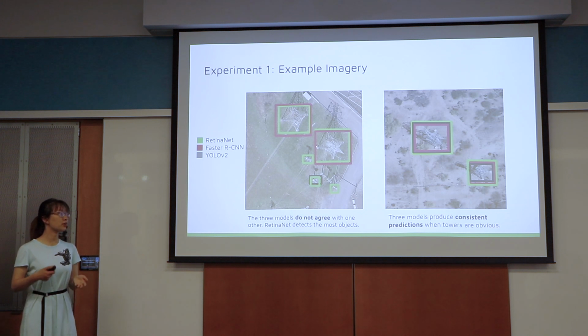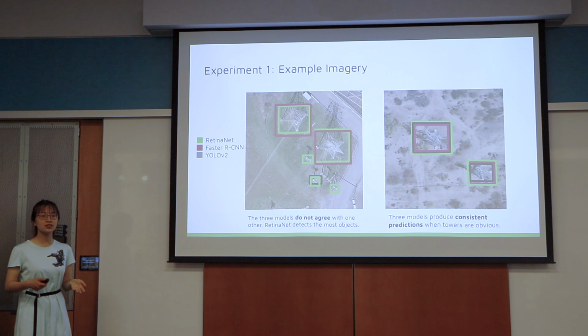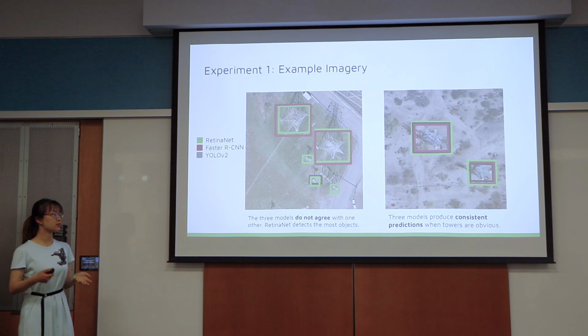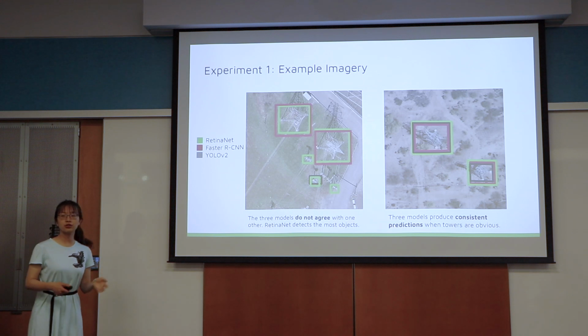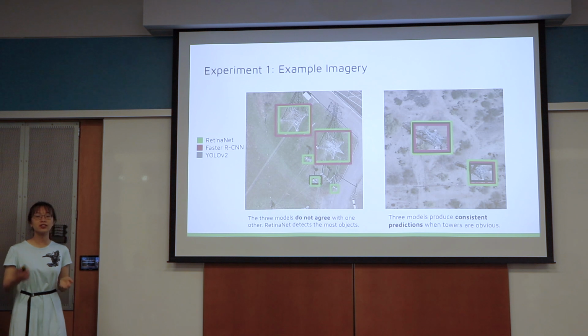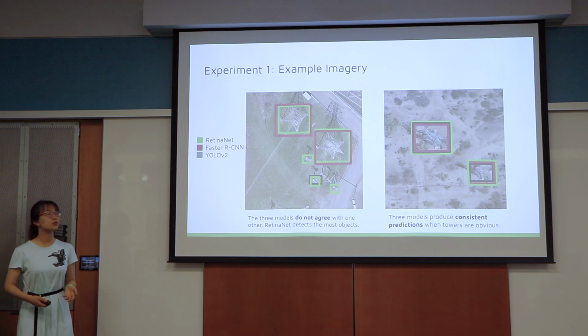However, RetinaNet is able to perform better than the other 2, even though it is still not giving a perfect performance. However, it is still too early to say that RetinaNet is the best because we want a more quantitative measure of the performance of the 3 models.